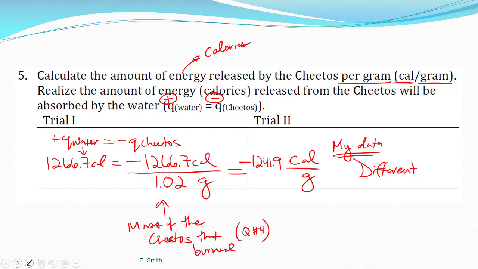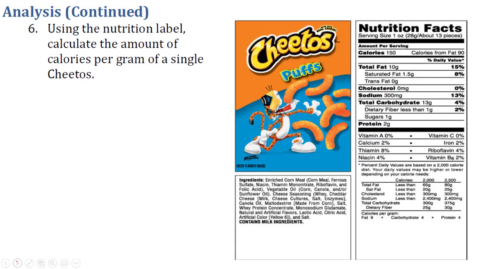All right, so that gets us to our last question here, question number 6. I gave you the nutrition label, and I want you to figure out the amount of calories, notice it's a lowercase c here, per gram of a single Cheeto.